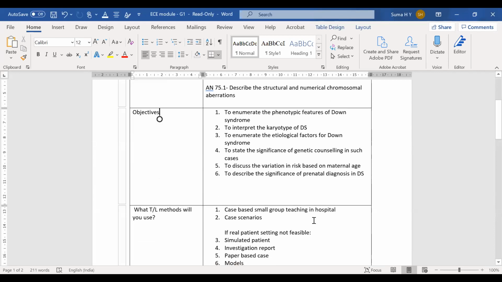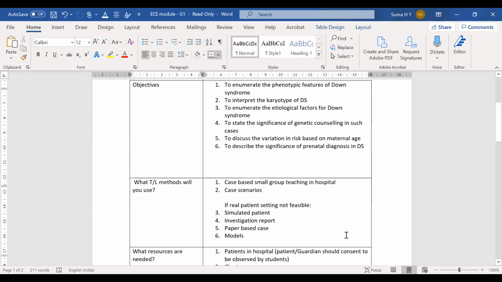The objectives for this ECE module are that students of phase 1 MBBS should be able to enumerate the phenotypic features of Down syndrome, interpret the karyotype of Down syndrome, enumerate the etiological factors responsible for it, state the significance of genetic counseling in such cases, discuss the variation in risk of Down syndrome based on maternal age, and describe the significance of prenatal diagnosis in Down syndrome.